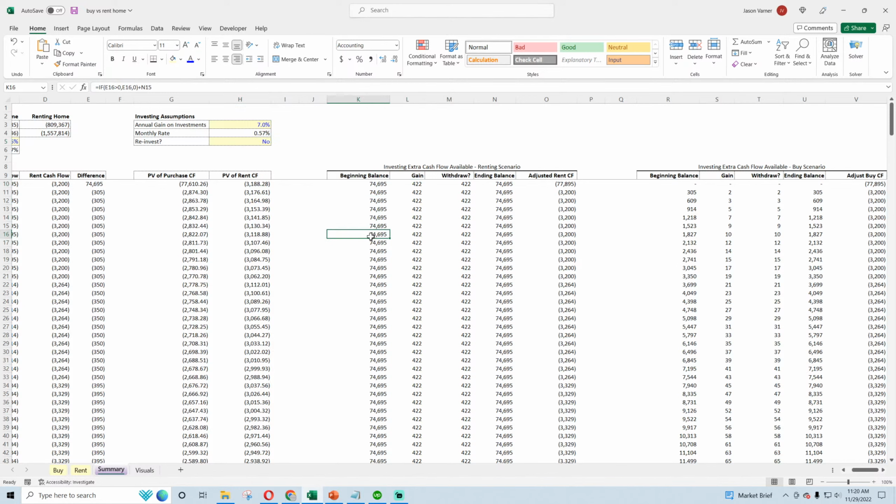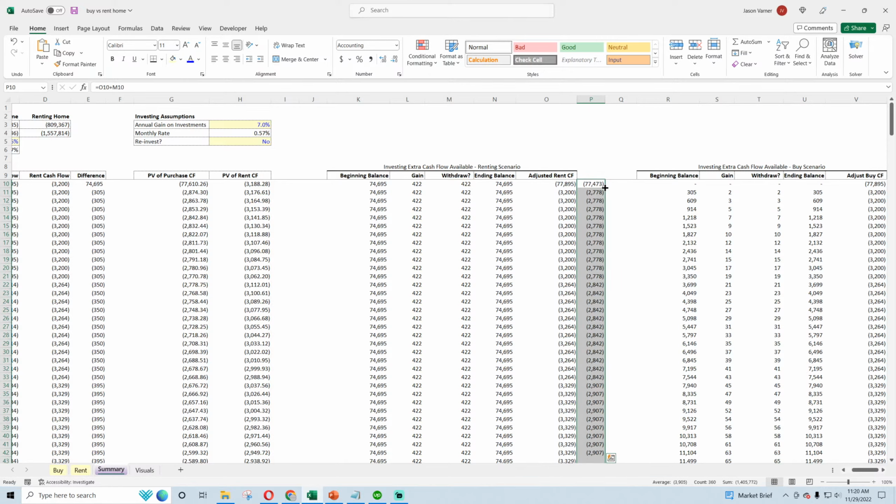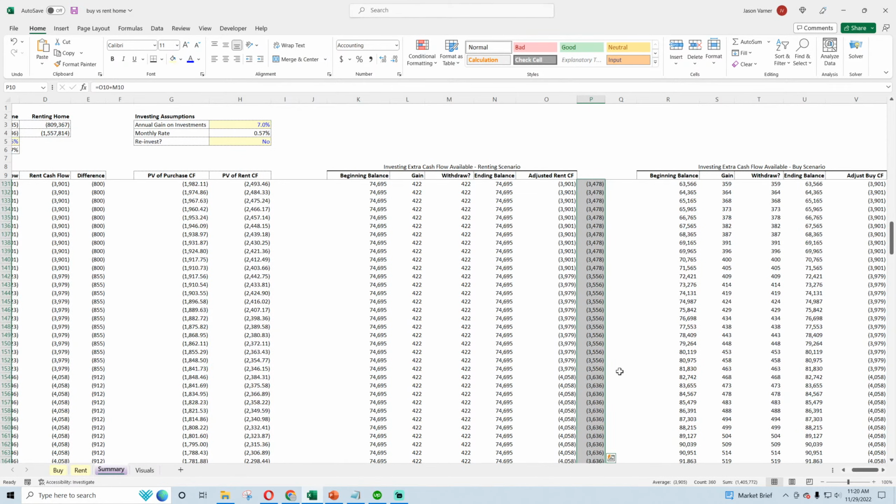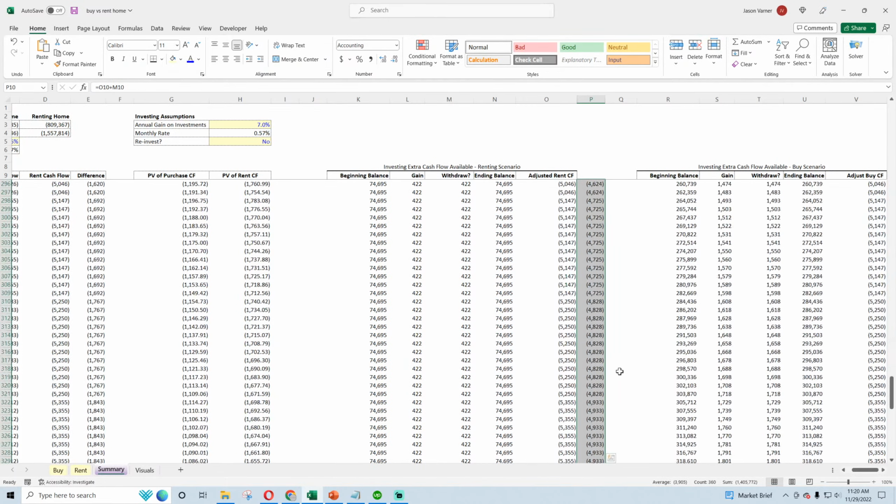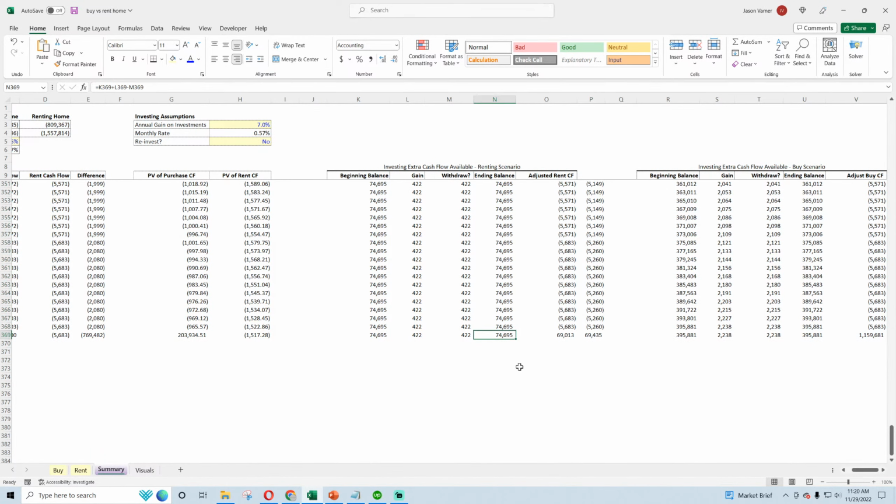So this is staying the same. This should still be going up by the difference. We have to add some logic now because the adjusted cash flow now should be adding this withdrawal. So we can just take this plus the withdrawal. So now the end investment, obviously, is a lot less. It's only 74,000, whereas if we hit yes here, it would be 568,000.